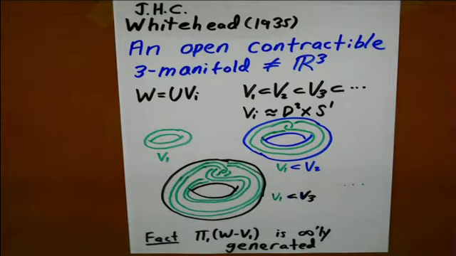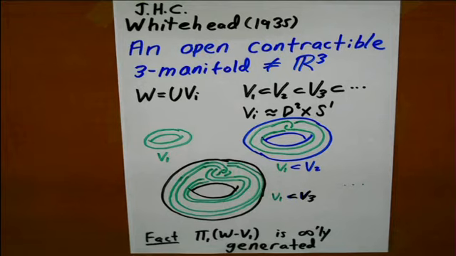In 1934, Whitehead more or less published a paper purporting to prove the Poincaré conjecture. The idea was that if you have a homotopy 3-sphere and you delete a point, what's left is a contractible open 3-manifold.